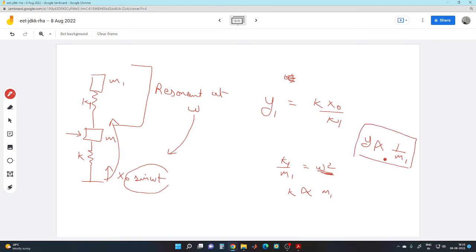So actually, we have to use a very large mass, so that Y1 remains in control. That is why most of the time the tuned mass is used with a damper. We place a damper here so that even the resonant frequency vibrations are controlled. So the tuned mass damper system is what we usually use.